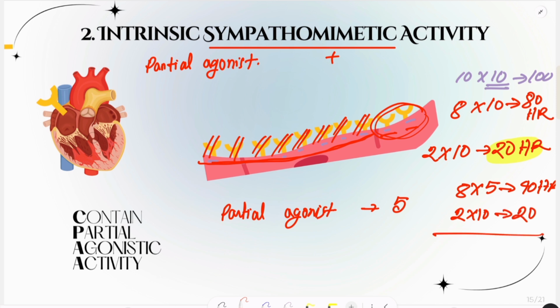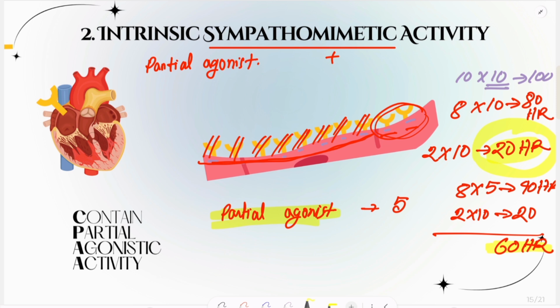So the total heart rate will be 60. So if we use a partial agonist, the heart rate will become 60 instead of 20. So in a patient who is sensitive to beta blockers, we can use a partial agonist very safely.